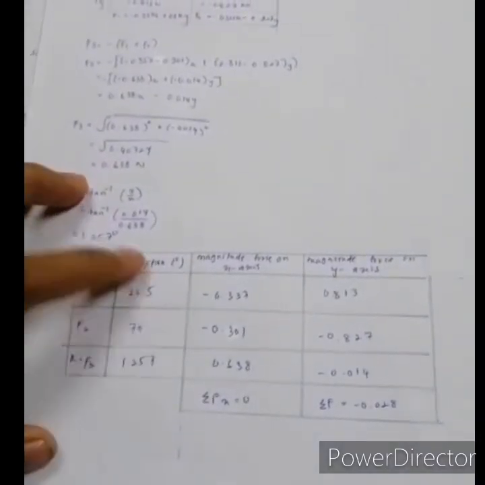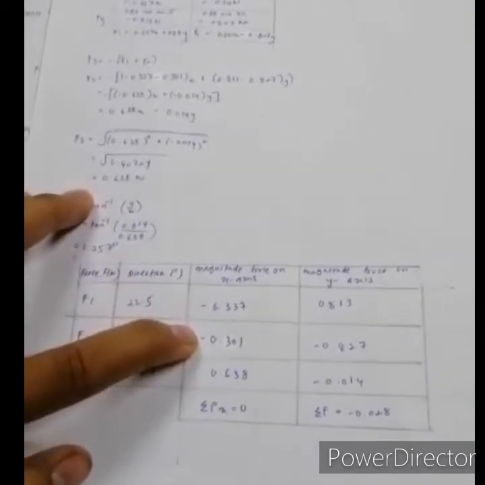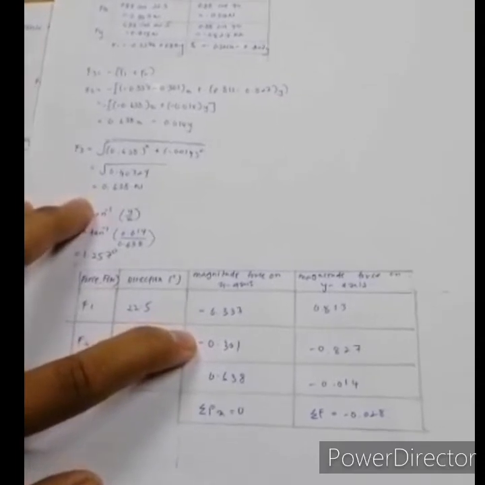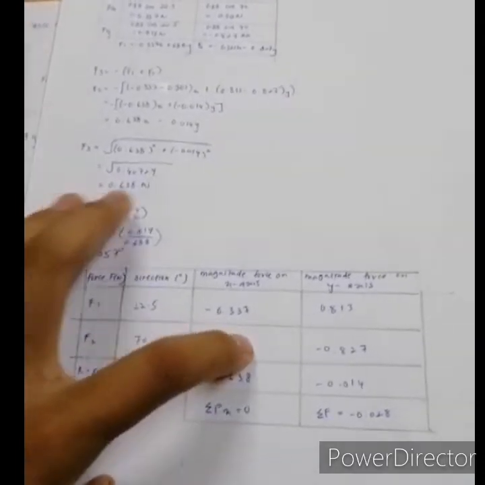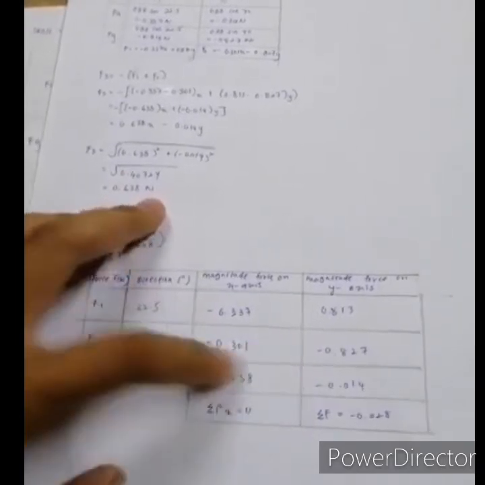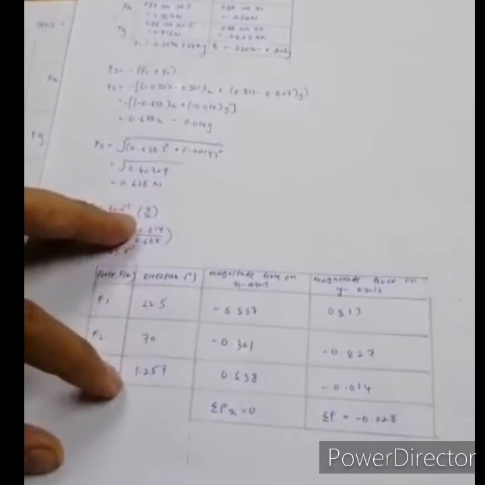F2 direction 17, x-axis negative 0.310, y-axis negative 0.827.